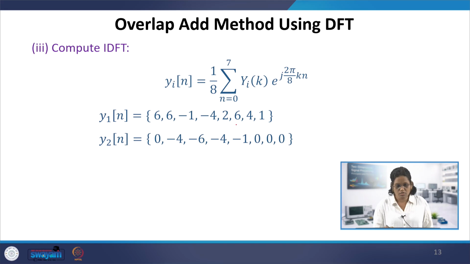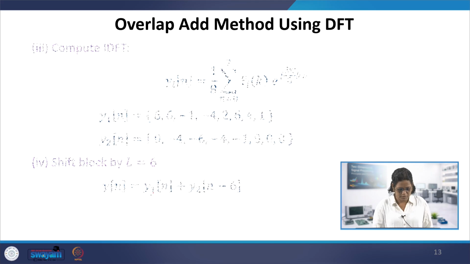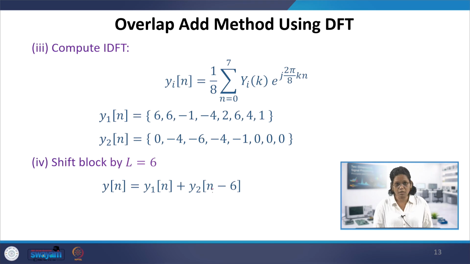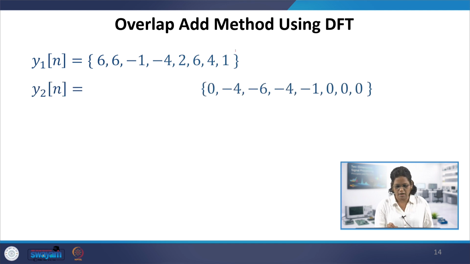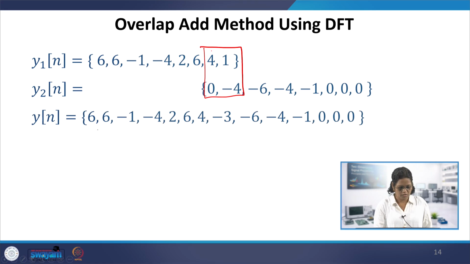Shift this block by L, so y1[n] plus y2[n minus 6]. So what we got is y1, and then y2 is this, and we add them as we have told there. The last M minus 1 points need to be added in the overlap add method. So that's how we get 6, 6, minus 1, 2, 6, and this is 4, 1 minus 4 is minus 3, minus 6, minus 4, minus 1, 0, 0.